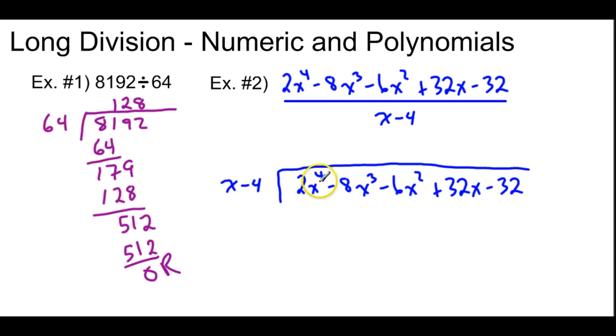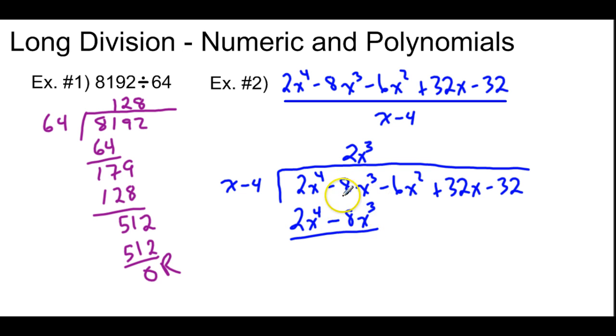So x minus 4 dividing into this will go 2x cubed times, and now multiply through exactly as we did before. 2x cubed times x is 2x to the 4th. 2x cubed times negative 4 is negative 8x cubed.